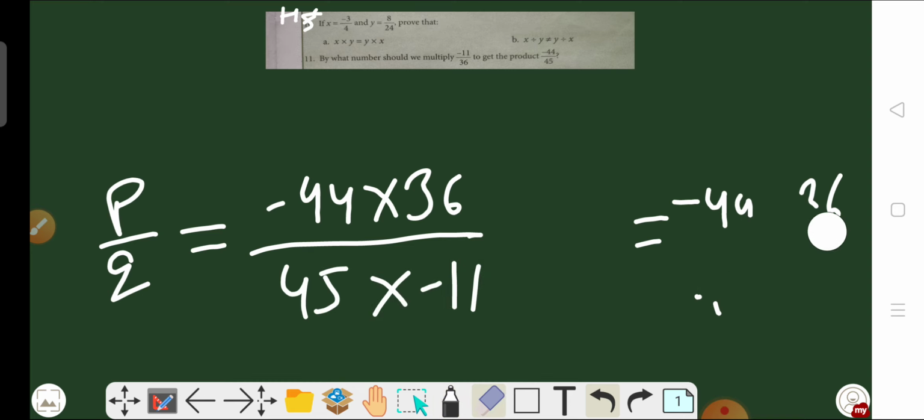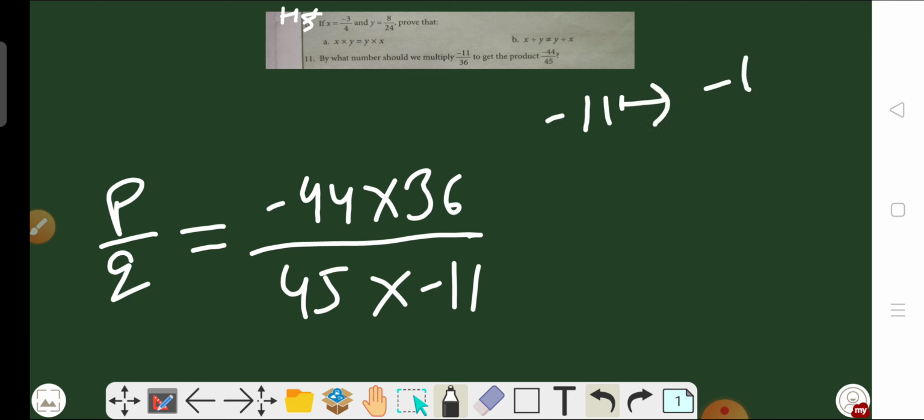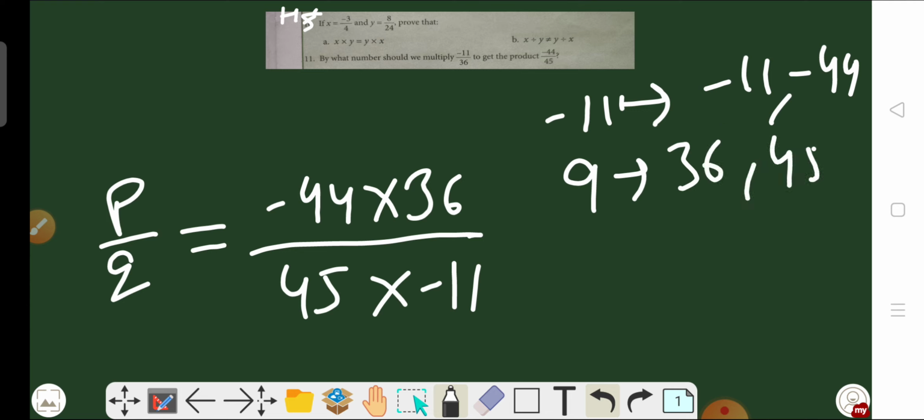Now we have to check whether there is a common factor between numerator and denominator. Clearly minus 11 is the common factor between minus 11 and minus 44. Again 9 is the highest common factor between 36 and 45.